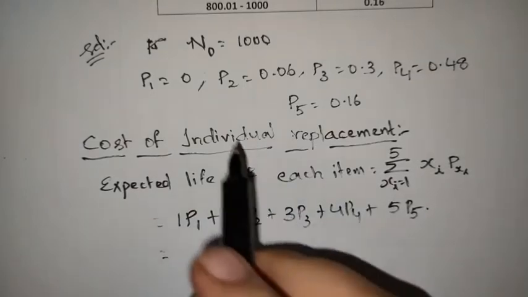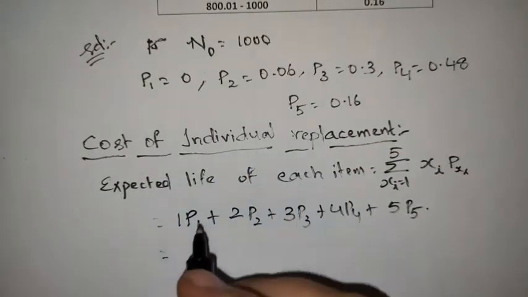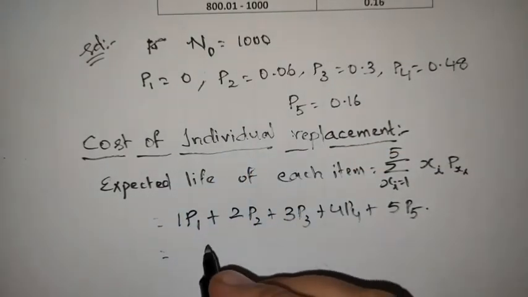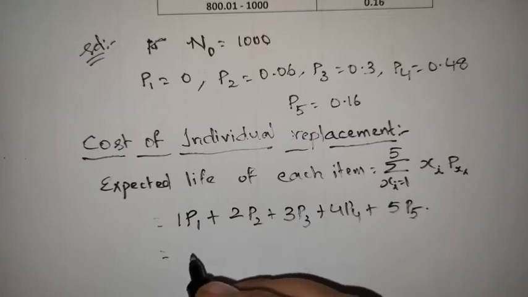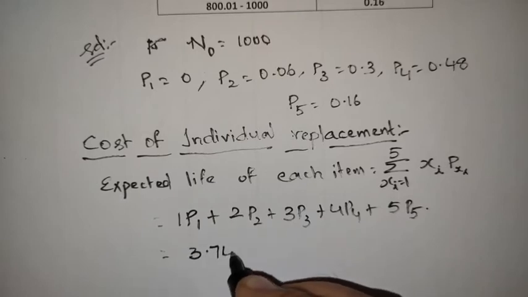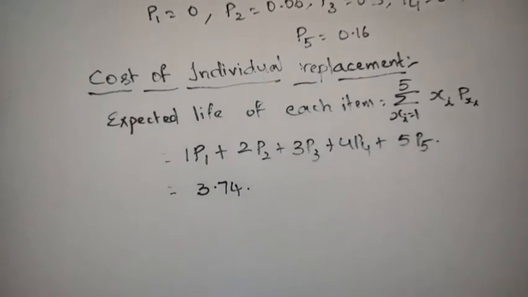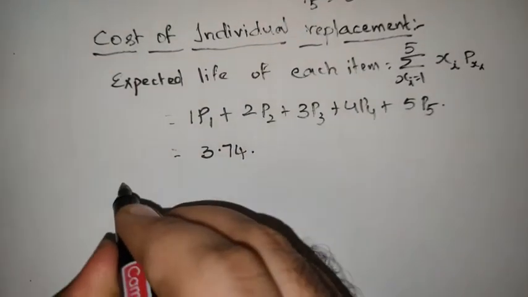Now we know all the p1, p2, p3, p4, p5 values. If you substitute them, you will get 3.74. Now let us find the cost of individual replacement.